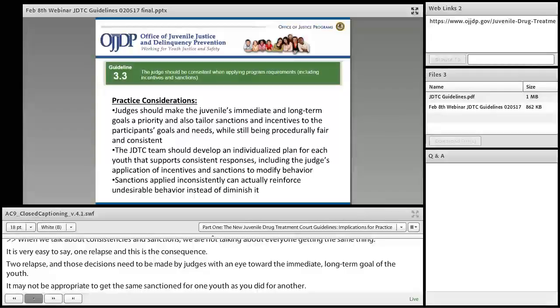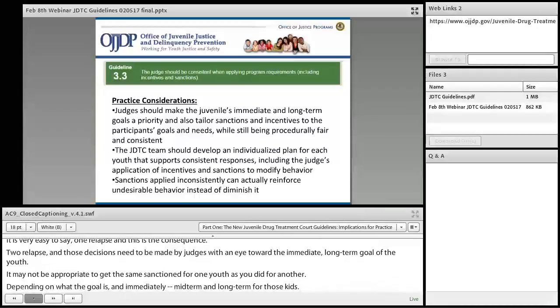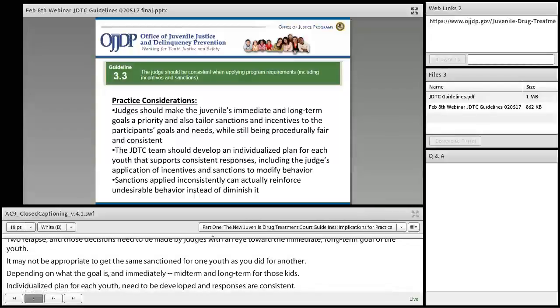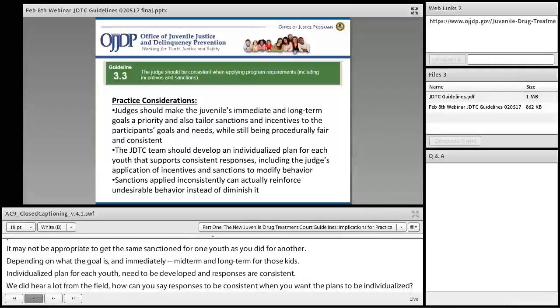Individualized plans for each youth need to be developed, and the responses are consistent. We did hear a lot from the field: how can you say you want the responses to be consistent when you want the plans to be individualized? What we did see out in the field, and it was blatantly obvious, was that girls were getting softer sanctions than boys in some of the programs that we observed and talked to.